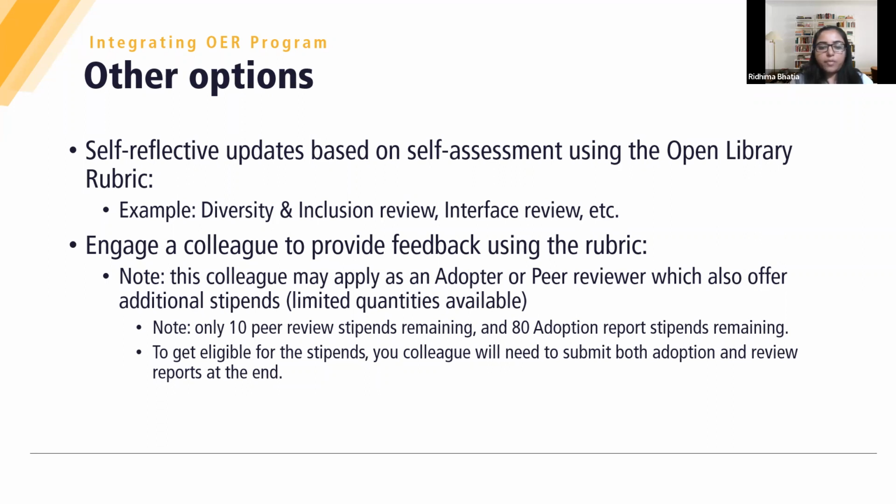Right now we have room for 10 peer review stipends and 80 adoption reports remaining. To be eligible for the stipend, your colleague will need to submit both adoption and review reports at the end. So at the end, either you are in situation A or in situation B.